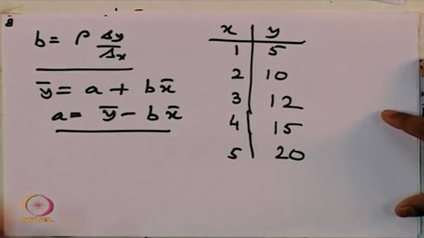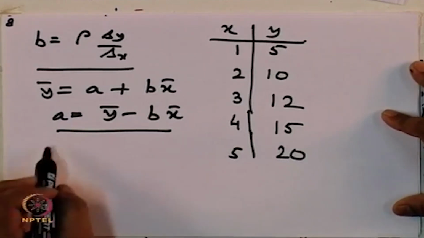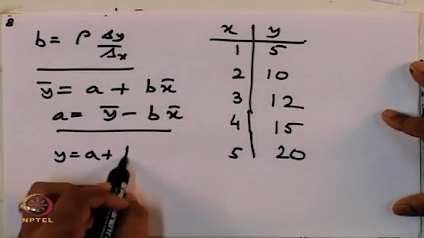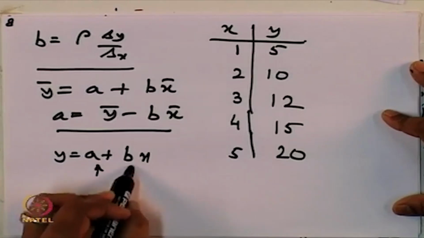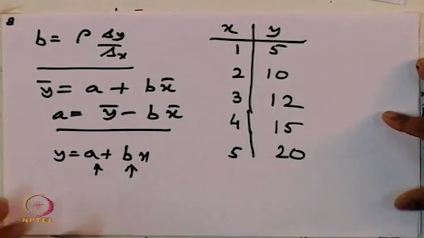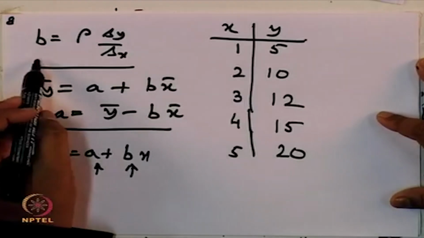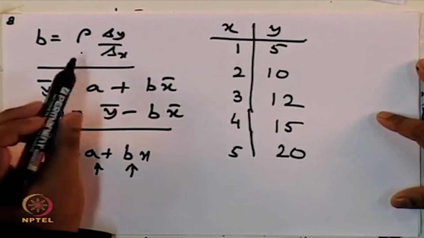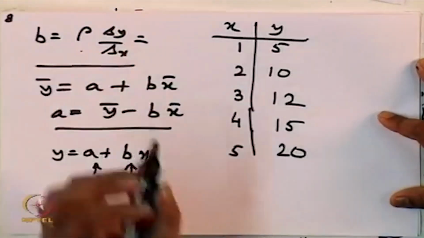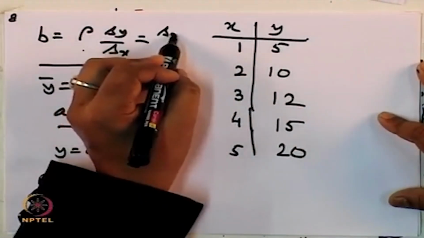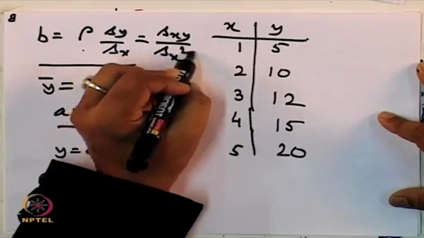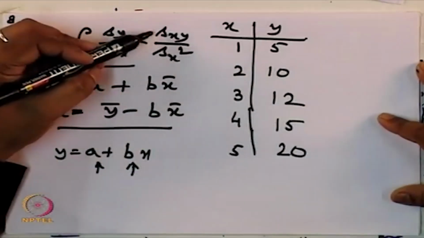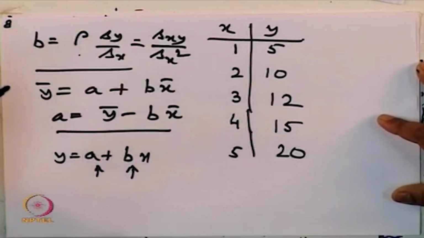This is my x and y data, and I want to find out y is equal to a plus b x, and what are our values a and b respectively. So, as per this equation, b is rho times s y by s x, or I can also write s x y by s x square. So, I need to find out s x y and s x square respectively.